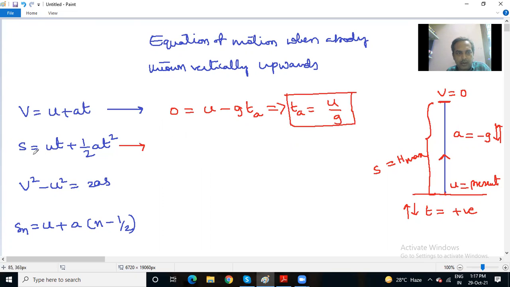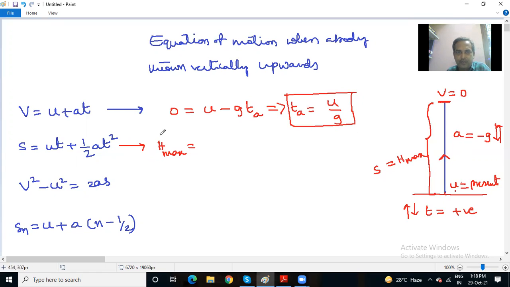Now, how will the second equation turn? Since moving upwards, H max is positive because s is positive while going upwards. s is negative while coming downwards. u is positive while going upwards, u is negative while coming downwards.